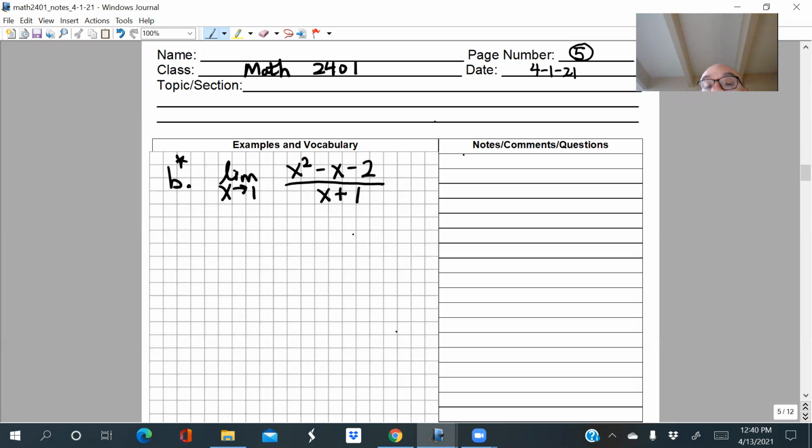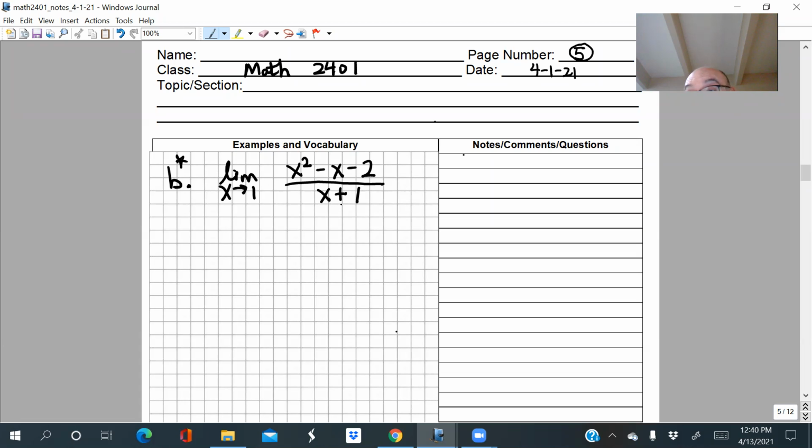Rational functions are going to be continuous for every number that's in the domain. Now, not every number is in the domain of this function, because if you substitute -1 for x, the denominator will turn out to be 0. So -1 is not in the domain of this function.